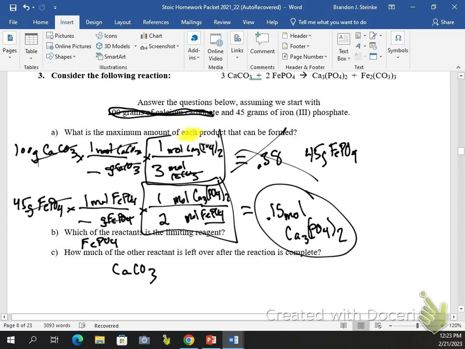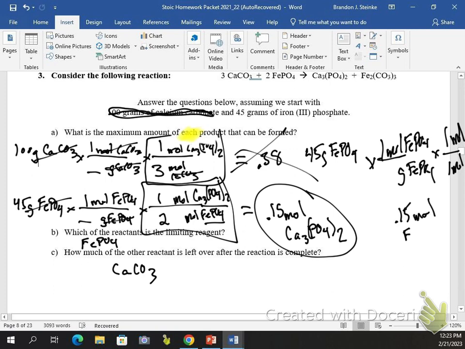So I should see everybody doing their dimensional analysis. And this is moles of, and that's moles of the same thing. Now, in this case, those of you that are actually doing the math, you'll figure out that it comes out to be the same mole count.